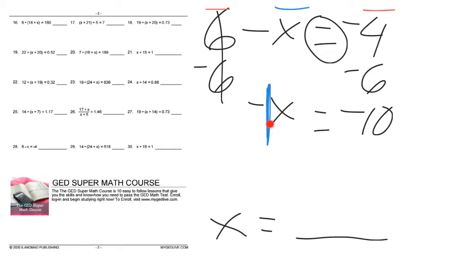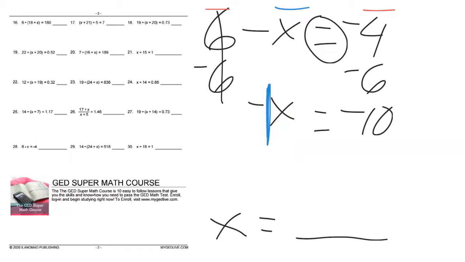There's a 1 here because x is just one of them, so it's just 1x. We normally don't write 1x. Now we have to see that x is multiplied by a minus 1. So we have to do its opposite, which is dividing by a minus 1.